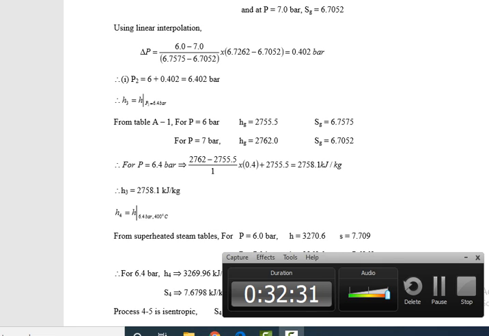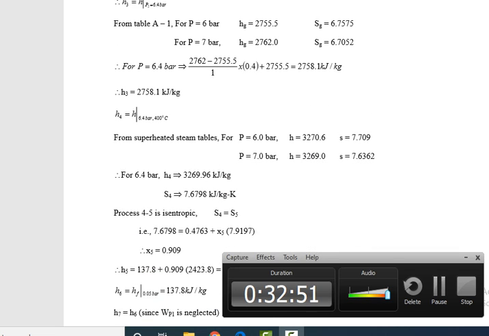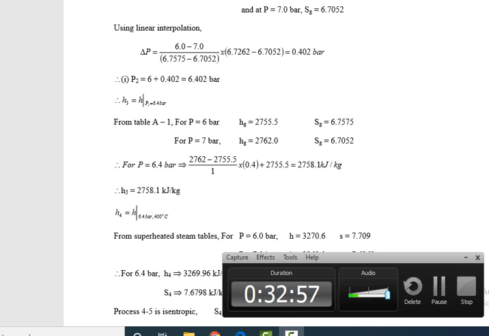But 6.4 bar is not given in the steam table. Therefore you have to apply the interpolation formula for 6.4 bar, and you get h3 equal to 2758.1 kJ per kg.